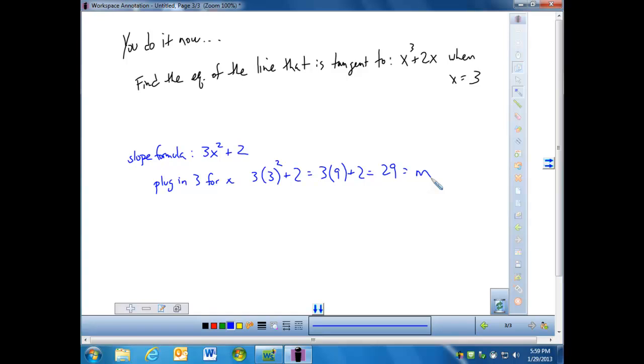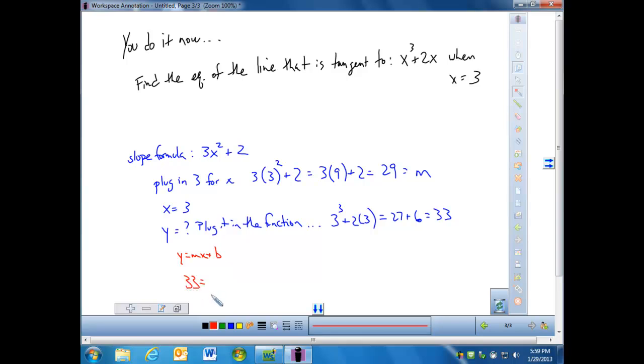Now I'm going to plug in my x and my y. Now I know my x is 3. How do I figure out my y? Well, just plug 3 into the original function and figure out what the corresponding y value is. So 3 to the third plus 2 times 3 equals 33. So I've got my m, I've got my x, I've got my y. Put them all together into your slope-intercept formula.